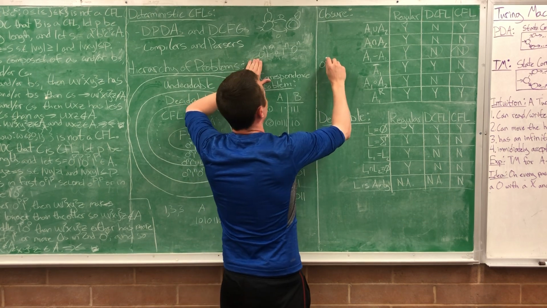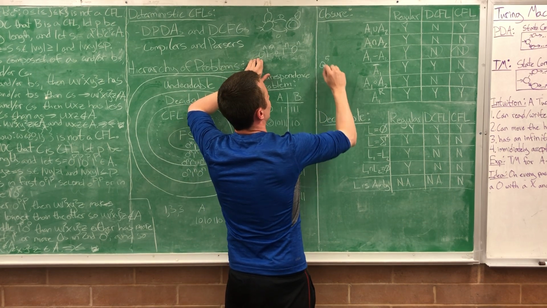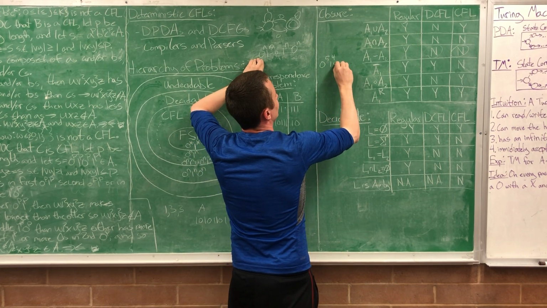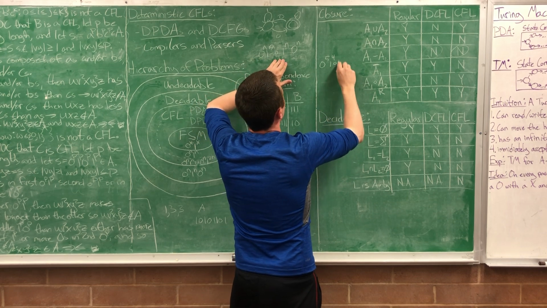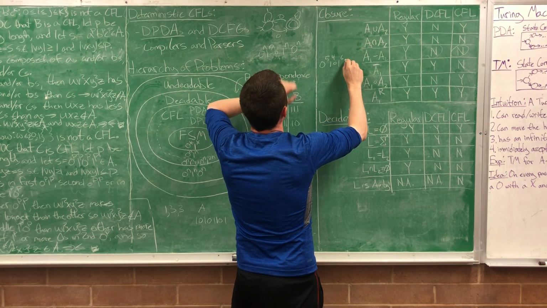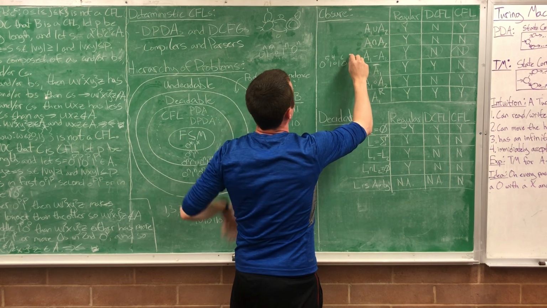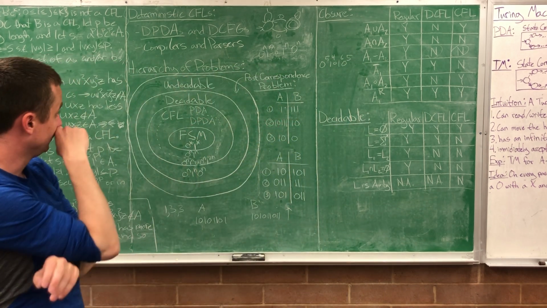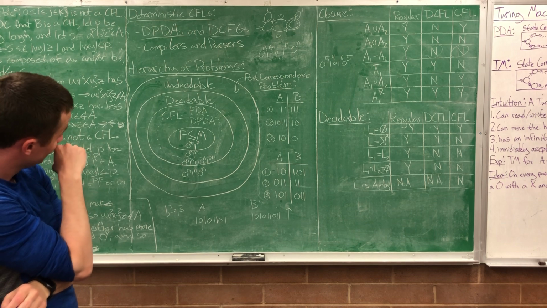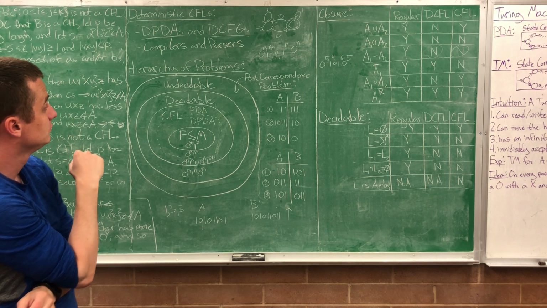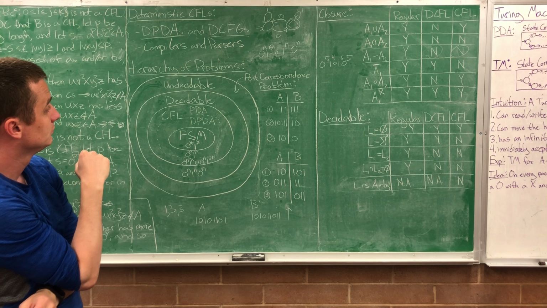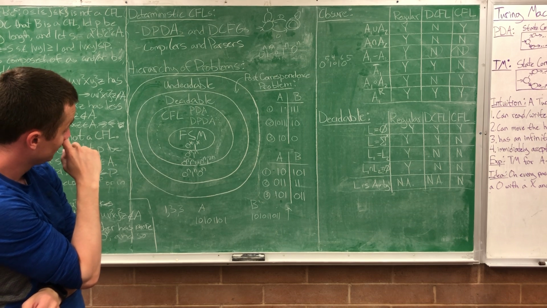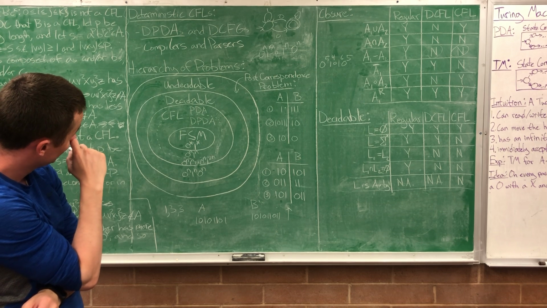Maybe I would have done something like 0 to the 5, 1 to the 4, concatenated with 1 to the 6, 0 to the 5. No, that's still fine. I guess we're not guaranteed that A1 empties the stack every time.